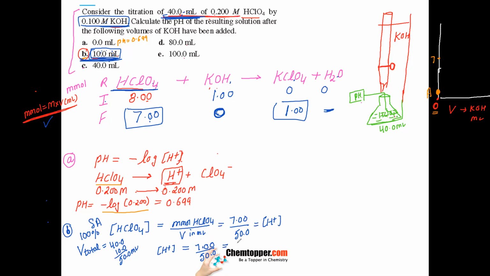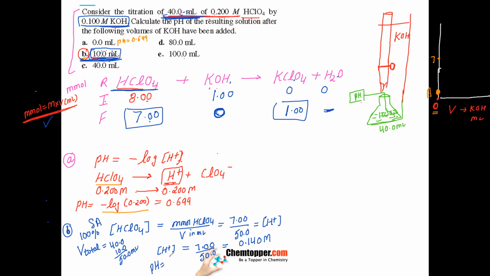So the concentration of H plus will remain the same. How much is it? And get the pH then. This concentration I'm getting as 0.140 molar. So get the pH now for the B point.